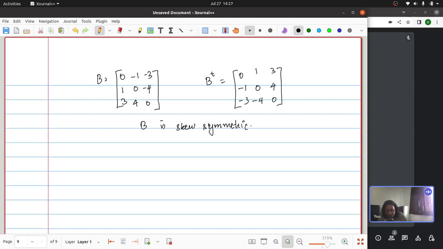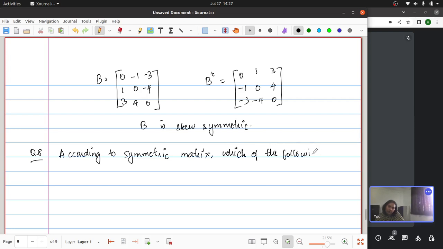Okay. So, there is a question in the tutorial sheet, question 8. It says, according to symmetric matrix, which of the following statement is correct?